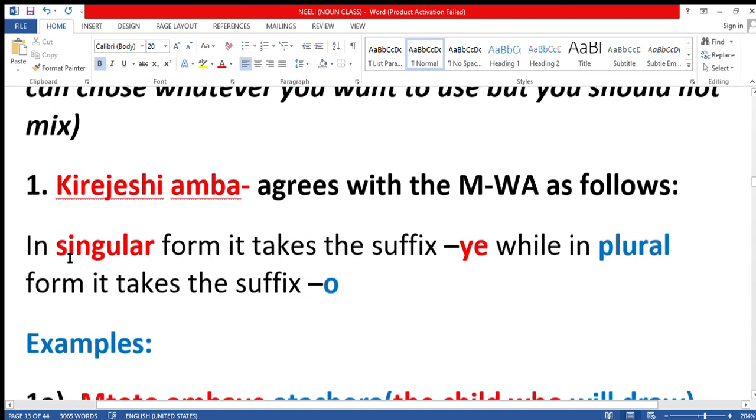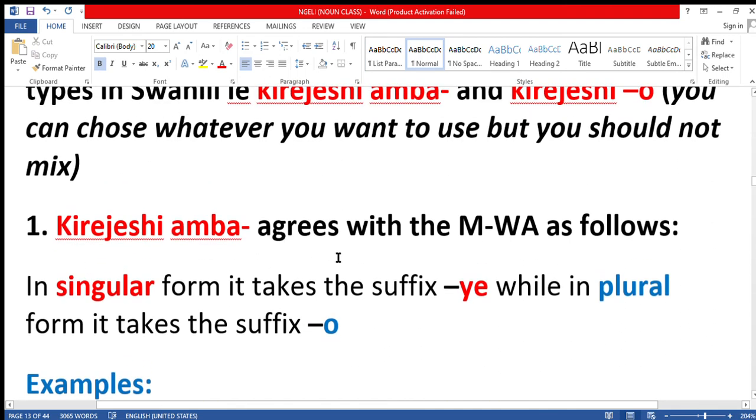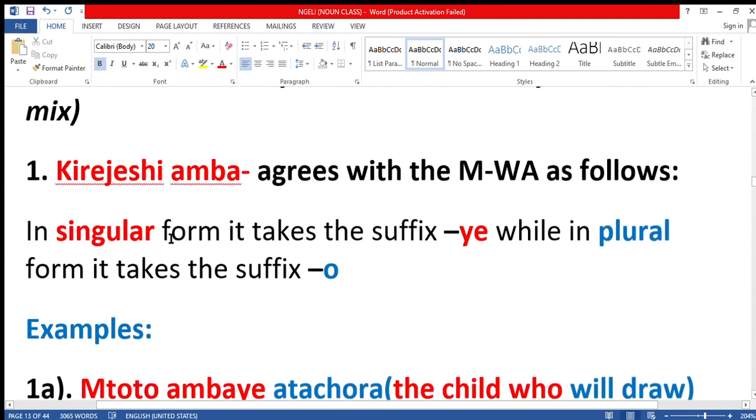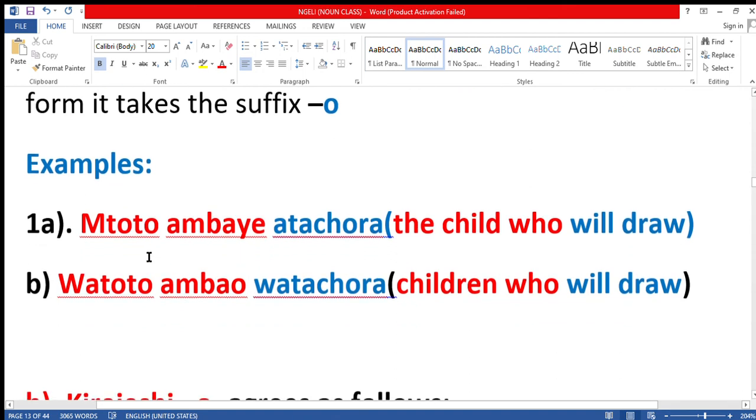Now we are starting with the first part, Kirijeshi amba. We'll see how it agrees with the M-Wa class. In singular form, it takes the suffix ye, while in plural form, it takes the suffix o. Sawa. Now here, mtoto amba.